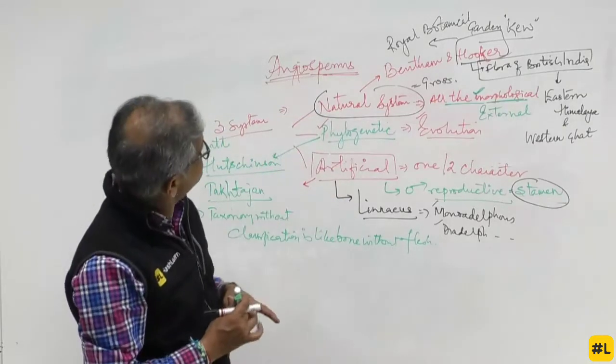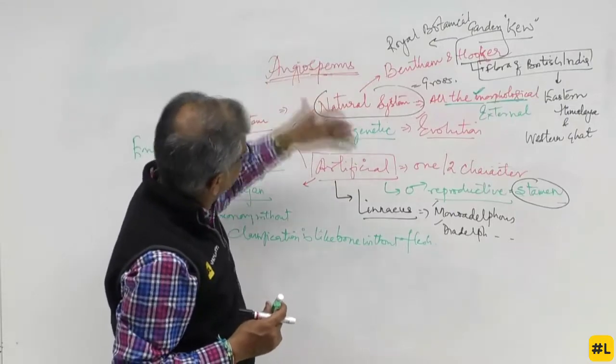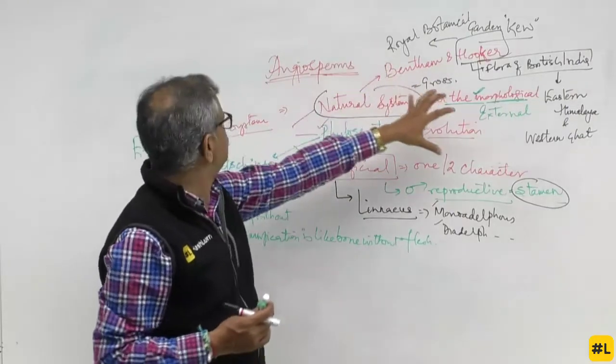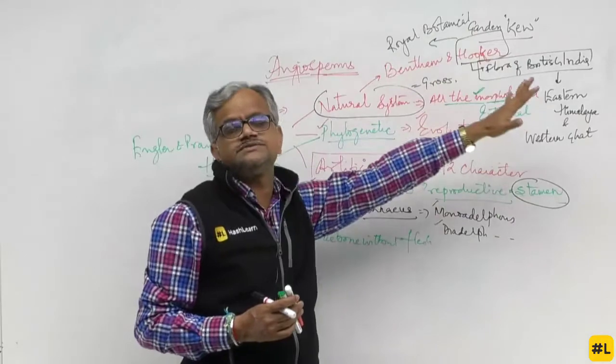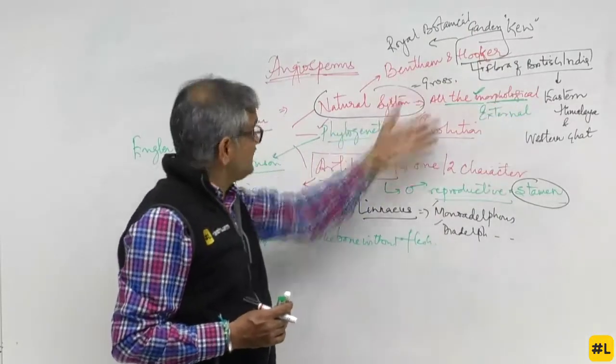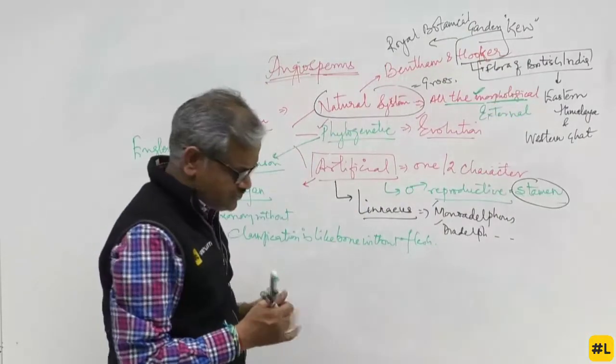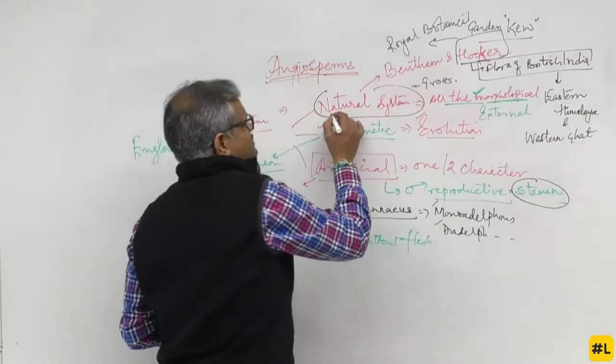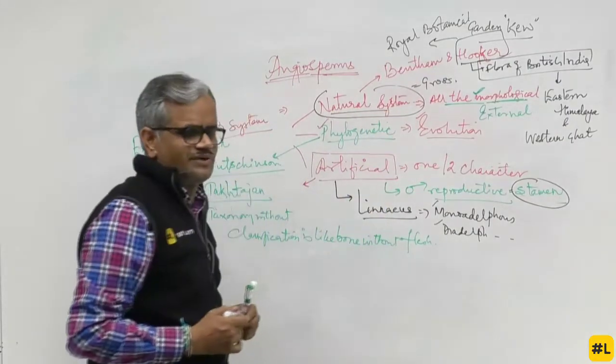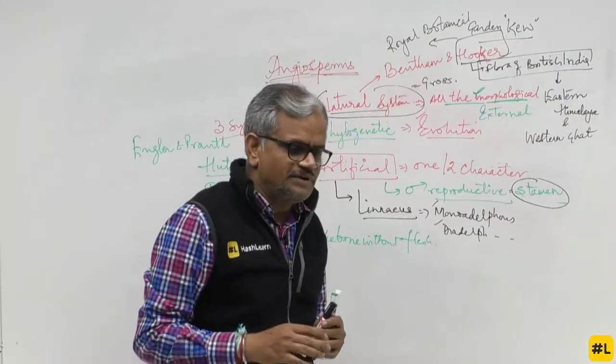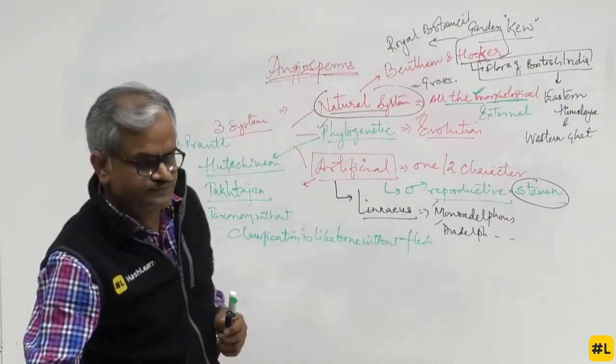So when I say this, natural system, phylogenetic, artificial, we talk about all this. In this entire topic, I will be talking to you generally about the natural system only, because that is where your interest will lie and where maximum questions will be put forth to you, right?